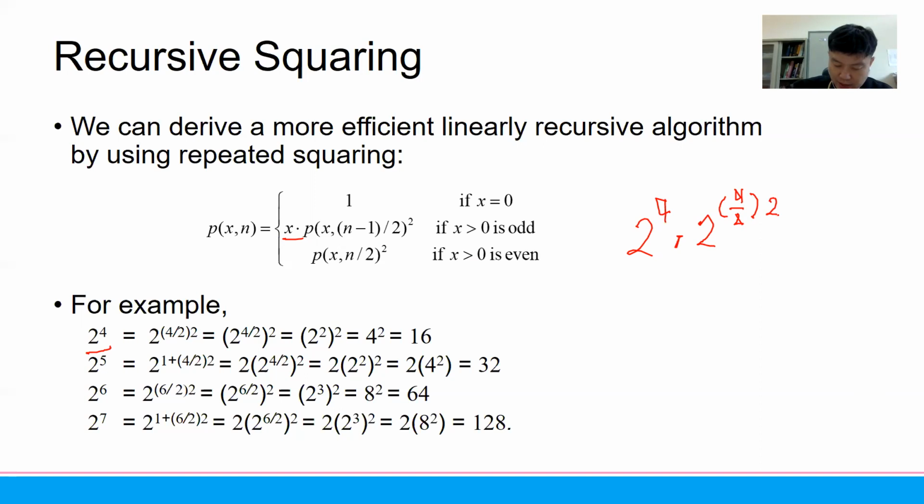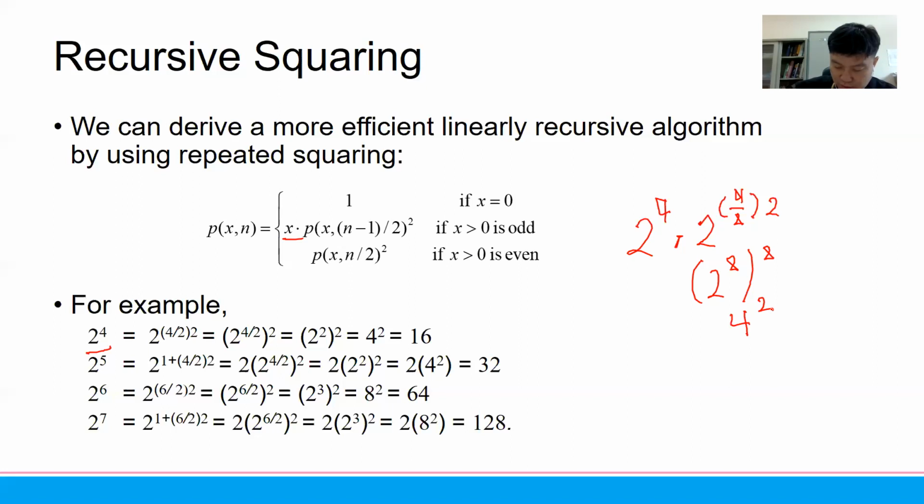After you have this, you have 2 to the power of 2, and then this one to the power of 2. Sorry, I don't know what happened with my pen. So you will have 4 to the power of 2. This can be simplified, so you reduce the number of computations.